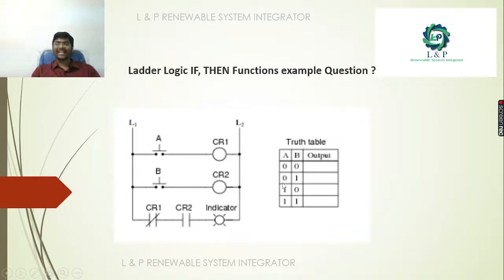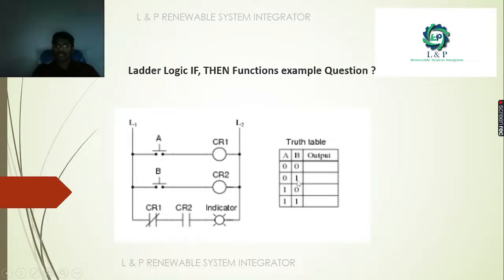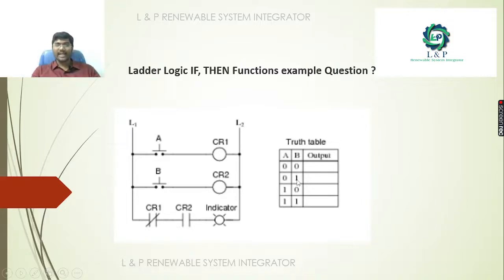If A is off, and we just enable B, that is the second input, the second push button, immediately the control relay gets enabled and for sure we will get an output. Now, if we immediately enable switch A, the NC contact changes from NC to NO. Even if you make B false or on, there won't be any output.